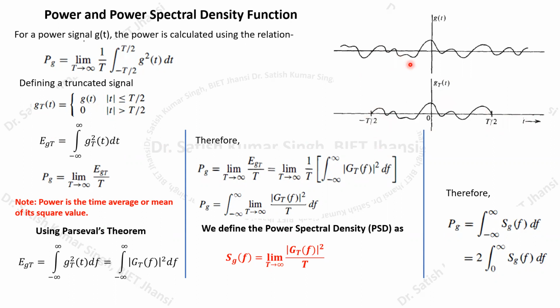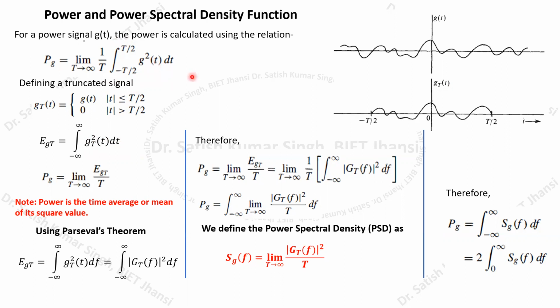So once we have truncated this signal, this power signal will become an energy signal, and therefore we can calculate the energy of this g_T(t), right? This truncated version of the signal will have this particular energy, E_gT equals integral from minus infinity to infinity of g_T square(t) dt.